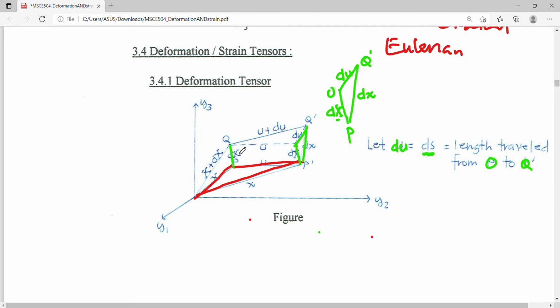So this travel, since your P to P prime is given in terms of S, the arc length, the length traveled, okay? So this is from P to P prime there.